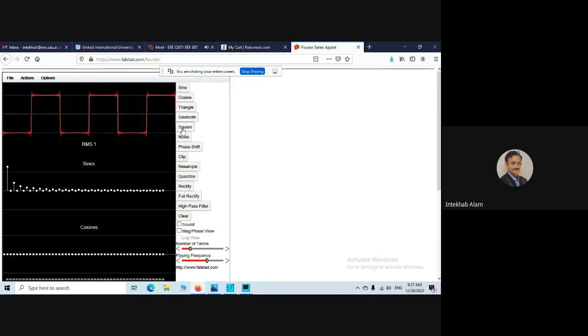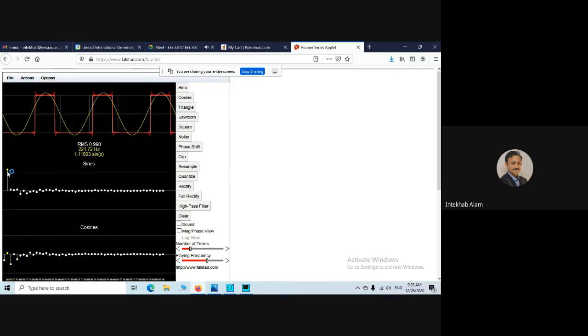If we go for a square wave and I have reduced the duty cycle, now you can see that the fundamental is 1.16. There is also a little bit of second harmonic, the third, the fourth, the fifth.